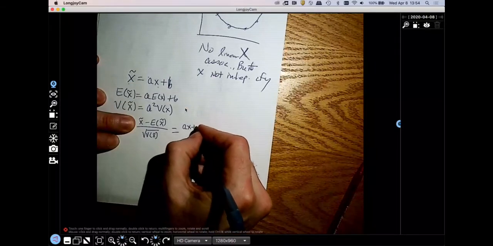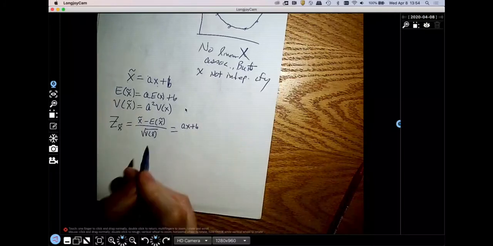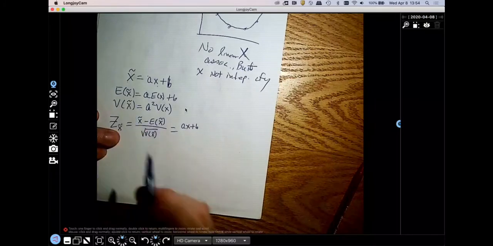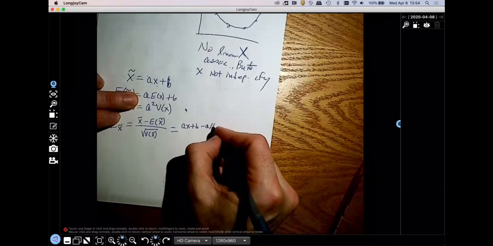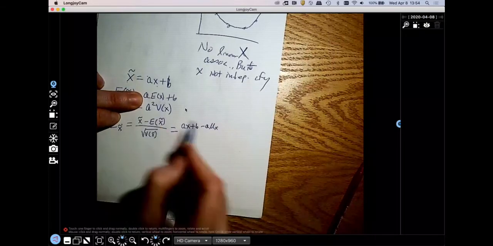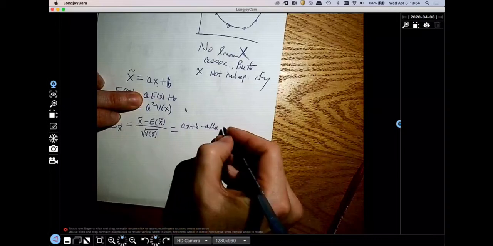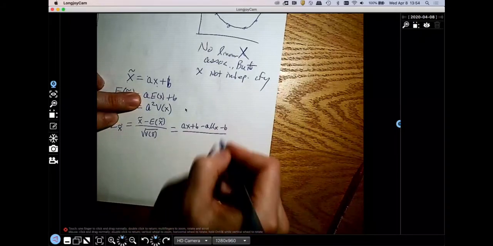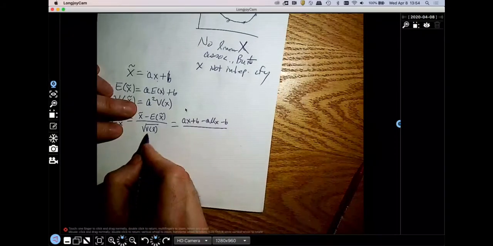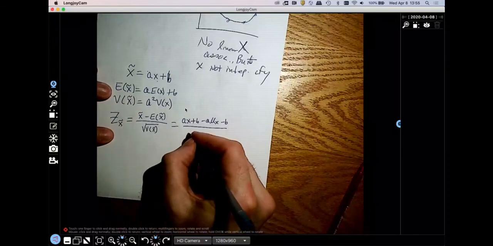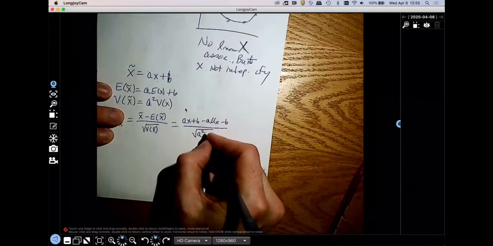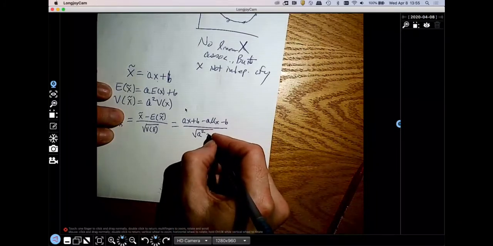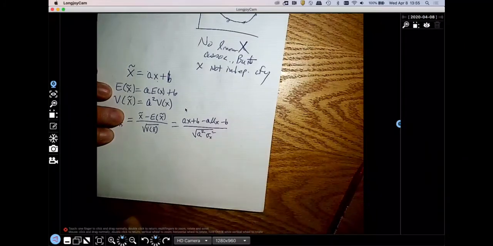So ax plus b, minus a times the mean of x, which is e of x, minus b. And then I have to take the square root of the variance of x tilde, so the square root of a squared times sigma x squared.